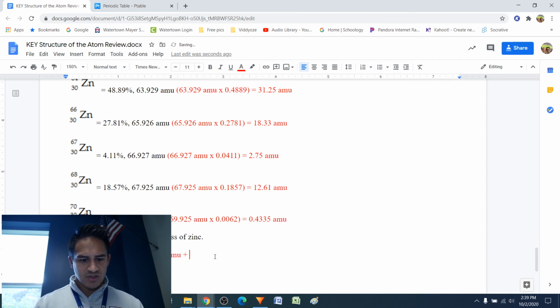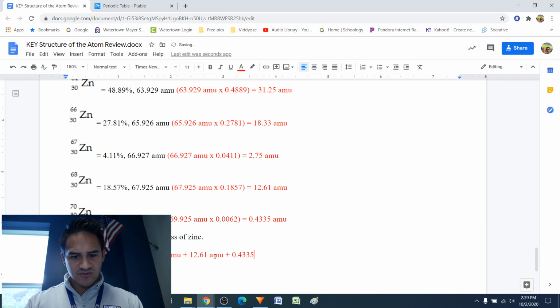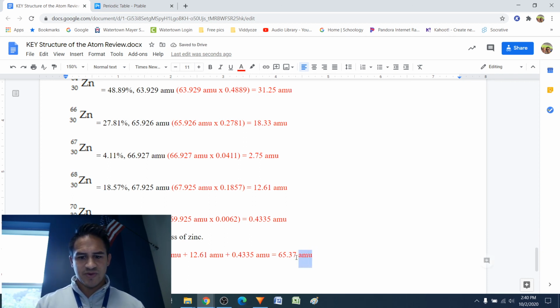Let's add that one in. 31.25 plus 18.33 plus 2.75 plus 12.61 plus 0.4335 equals 65.37 AMU. That is the average atomic mass for zinc.